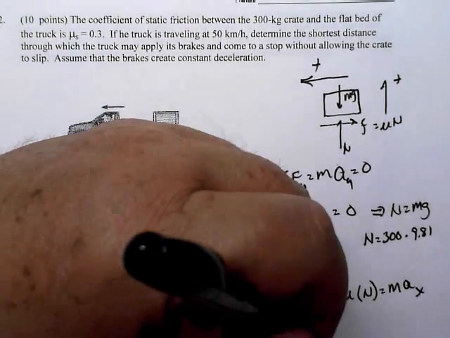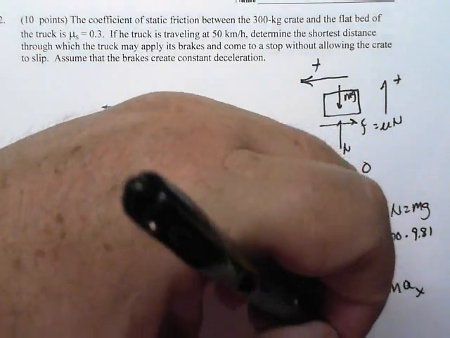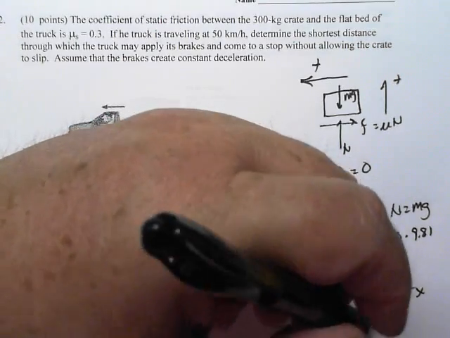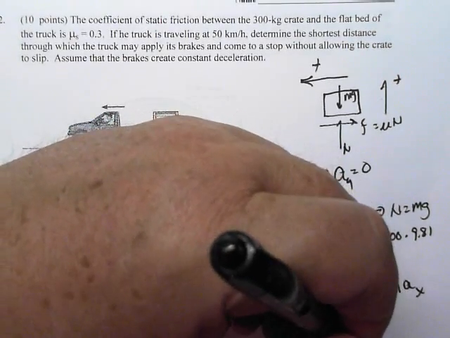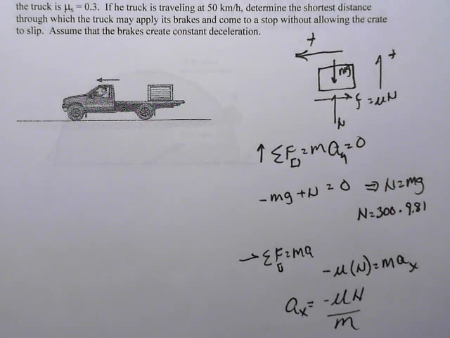And therefore the acceleration in the x direction is equal to minus mu times the normal force divided by the mass. And we all know all of those numbers, and we can plug that in.